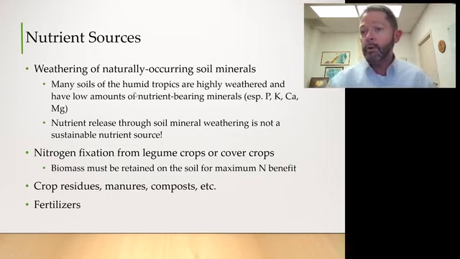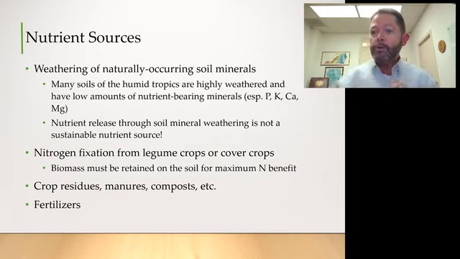Many soils of the humid tropics, though, are highly weathered and have low amounts of nutrient-bearing minerals, such as phosphorus, potassium, calcium, magnesium. Now, nutrient release through soil mineral weathering is not what we call a sustainable nutrient source, because essentially that's a form of mining nutrients from soil when we remove nutrients that are naturally occurring and we don't replace them.